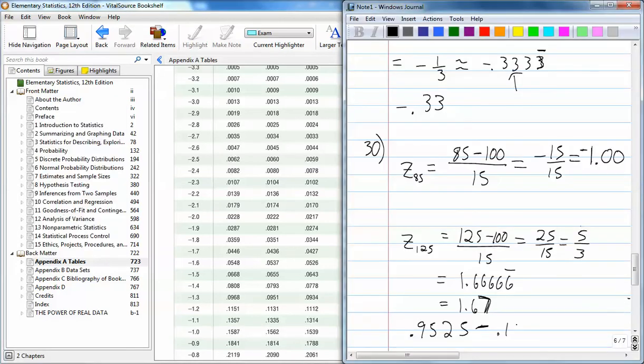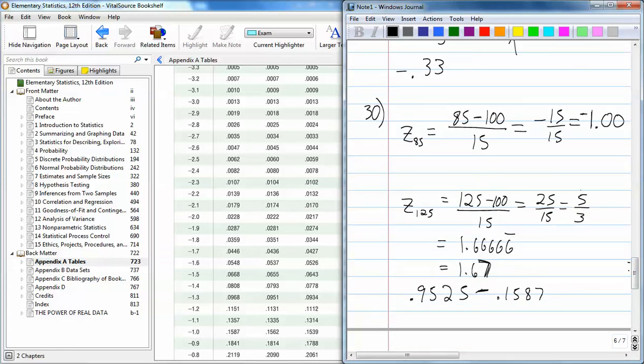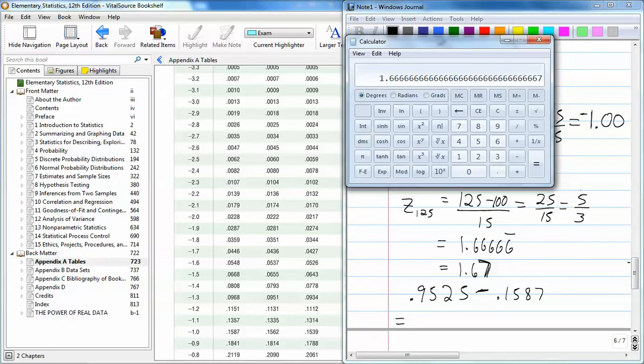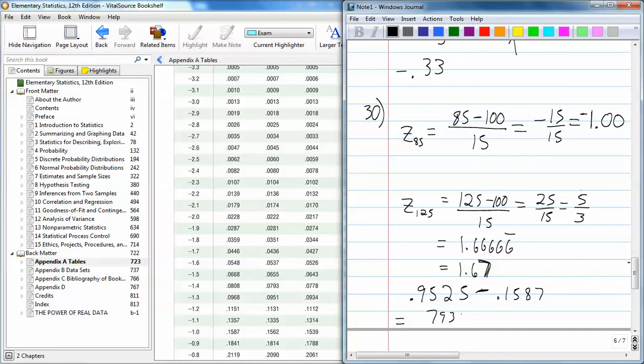So minus 0.1587. Subtract that in your calculator, and you should get 0.7938. That's the area between the two.